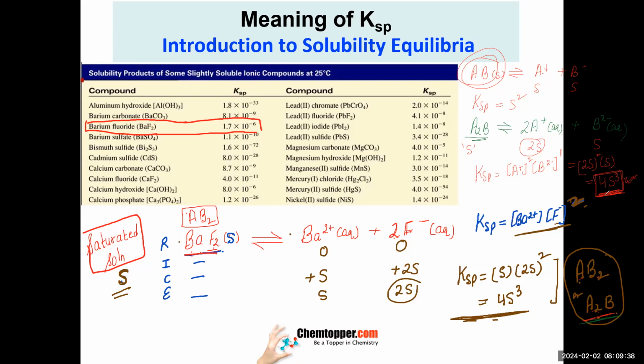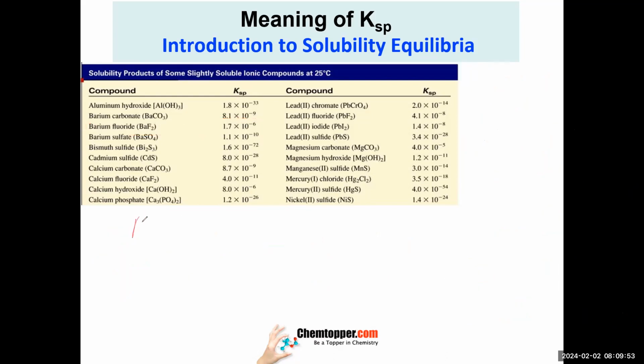Yes, then the questions will be that they have given you Ksp, solve for S, or they have given you S, solve for Ksp. Let's make a salt of A3+ with B1-. What's the formula?